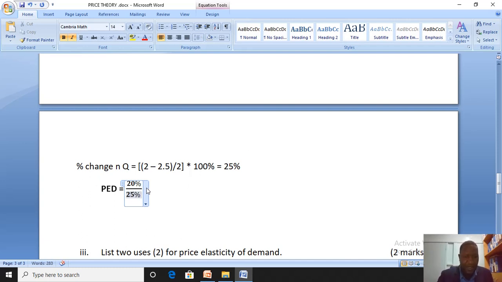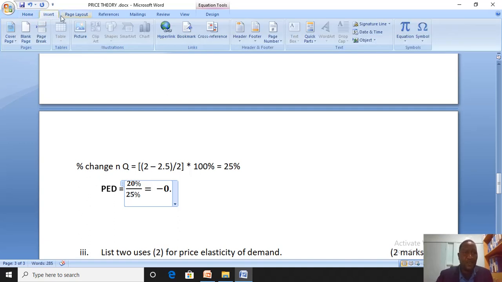And if you tap that in your calculator, you should have a negative 0.8 as your PED. The PED is negative 0.8, which is less than 1 in magnitude, so you conclude the product has inelastic demand.